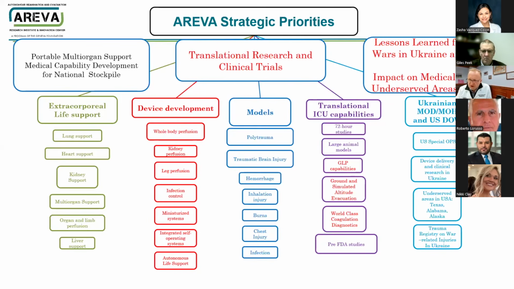Our translational ICU capabilities are quite wide. We use almost exclusively swine, and all of them are severely injured and anesthetized, and usually the study formats are 72 hours. Most of what we do at Arriva is tailored to real-world problems, such as the war in Ukraine or Gaza, and we are trying to take the NO molecule to various areas where it has not been used before.